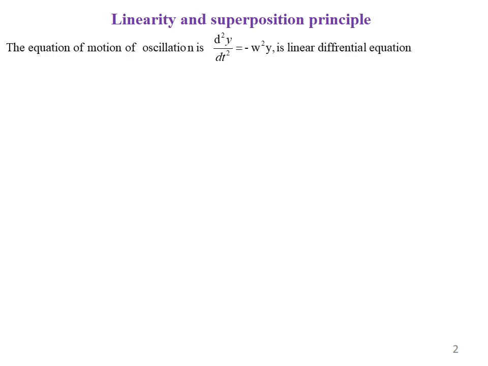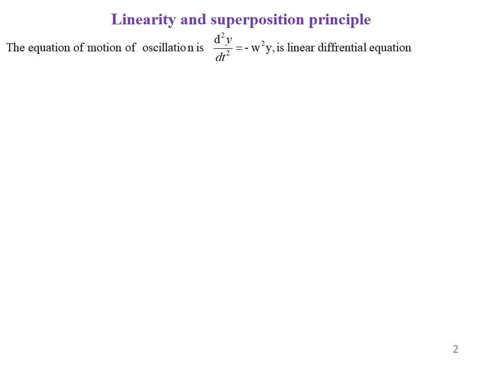For small oscillations, we know that the restoring force F is directly proportional to the displacement y, and both are opposite in direction. That is, F is directly proportional to minus y. Then the equation of motion of oscillation is given by d square y divided by dt square is equal to minus omega square y, where omega is the angular velocity.